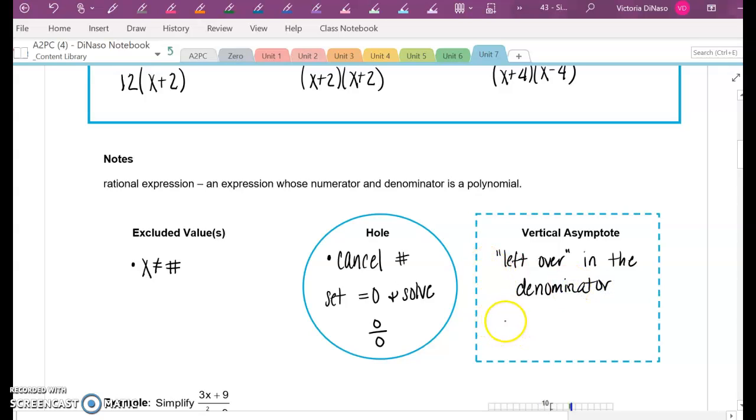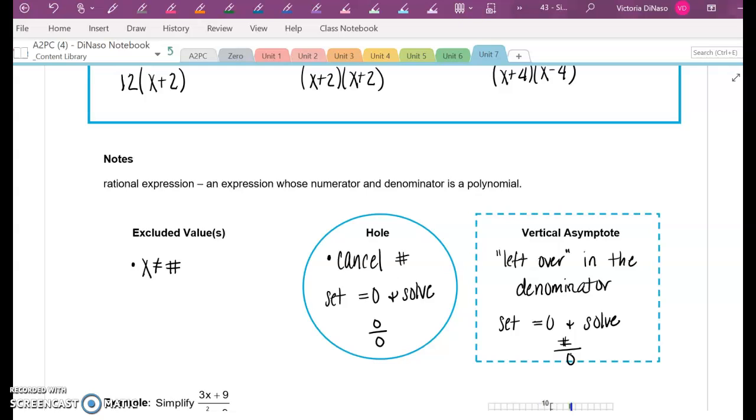And what you're going to do is set that equal to 0 and solve. A vertical asymptote is going to be a vertical line that happens to be a dotted line. And that vertical asymptote would mean that you have some number over 0, which is undefined. So that's why there's a vertical asymptote or a break in the graph.